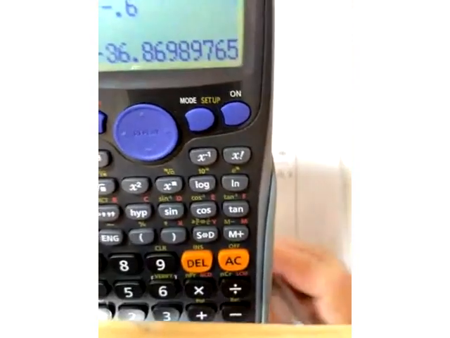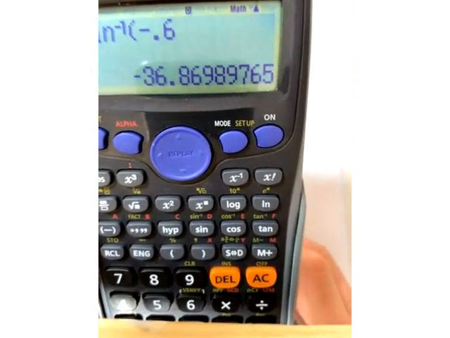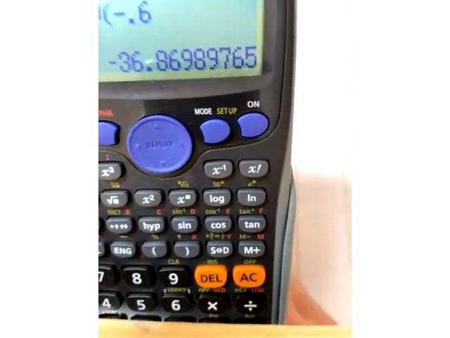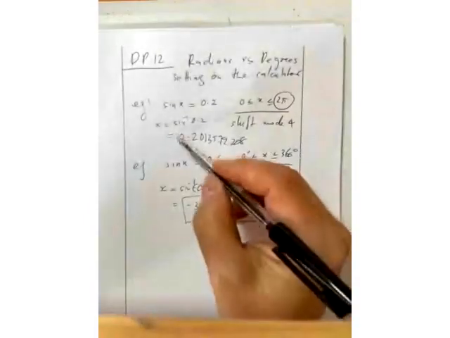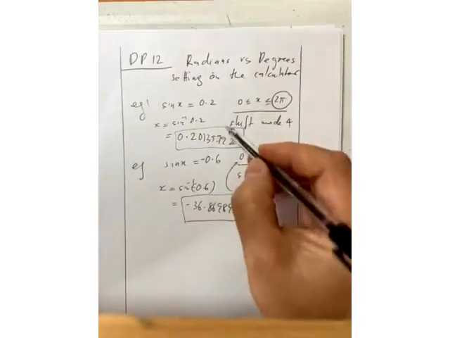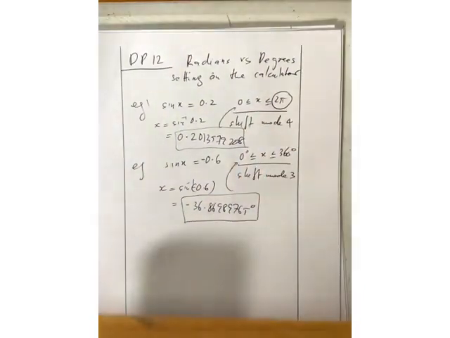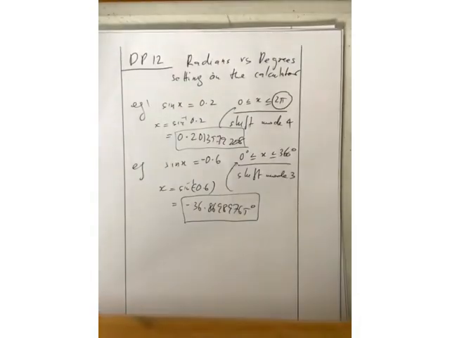That answer now is in degrees, you see. So that's minus 36.869899765 degrees, and that's just one of the answers. That's not all the answers, by the way, to this domain, nor is that, but I'm just giving an example of how you use the calculator in radians and degrees mode, and I'm going to end it there.